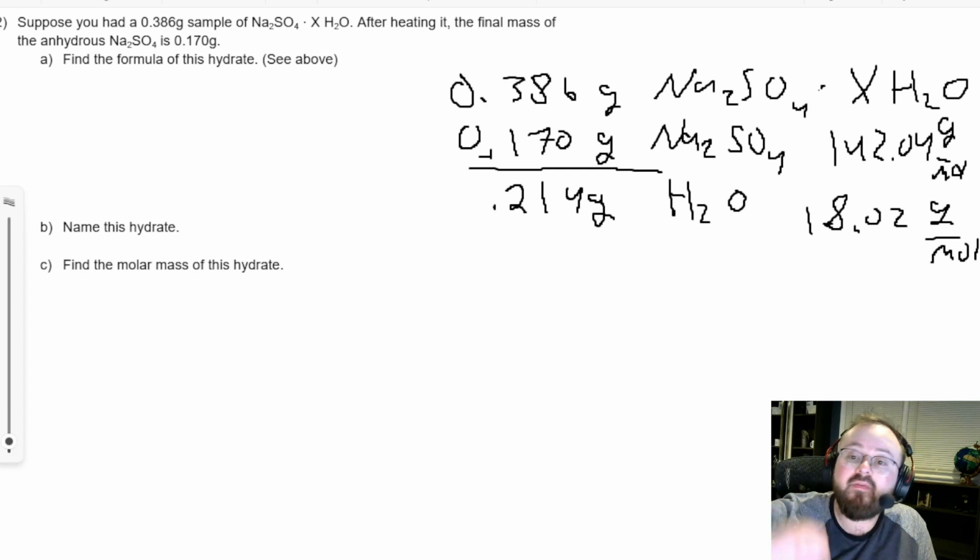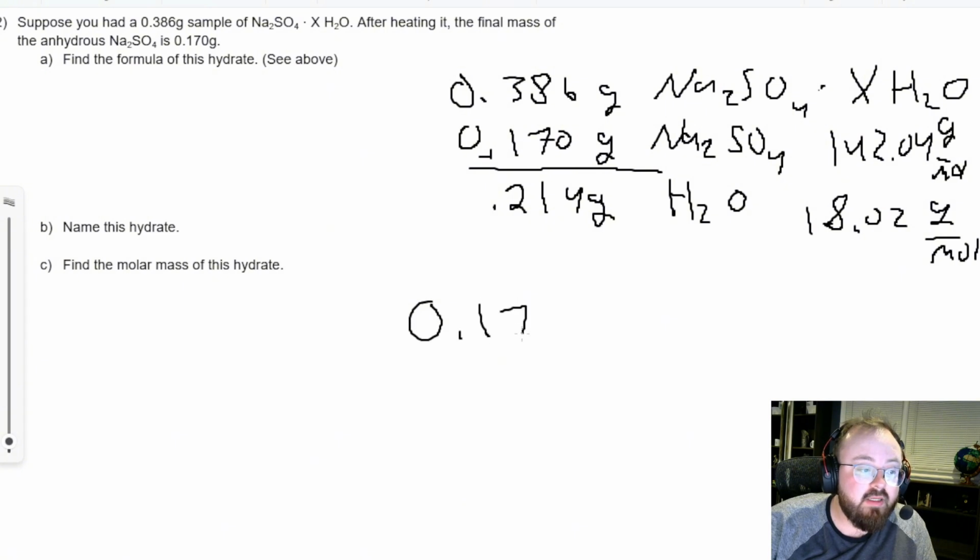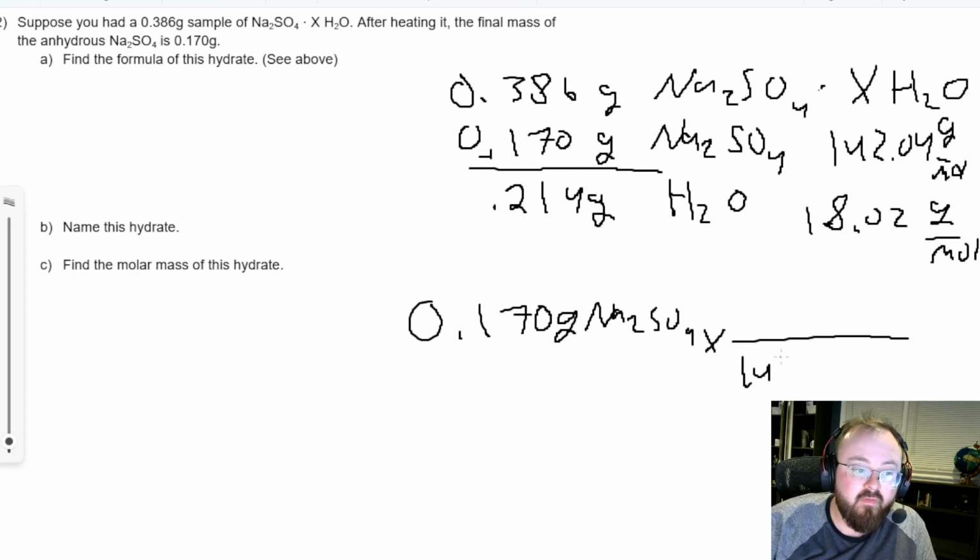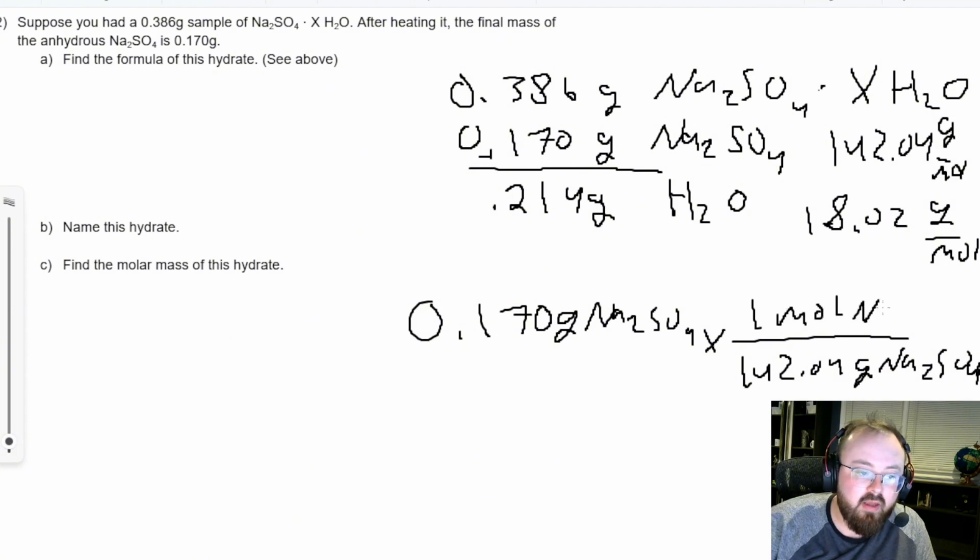So, we have to convert both of these values into moles. We've done a lot of conversions right here. Let's do this. We have 0.170 grams of Na2SO4. We multiply that by the molar mass, 142.04 grams of Na2SO4, squeezing that 4 there, 1 mole of Na2SO4.